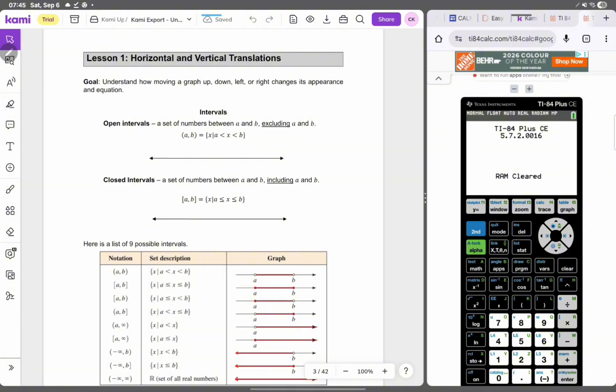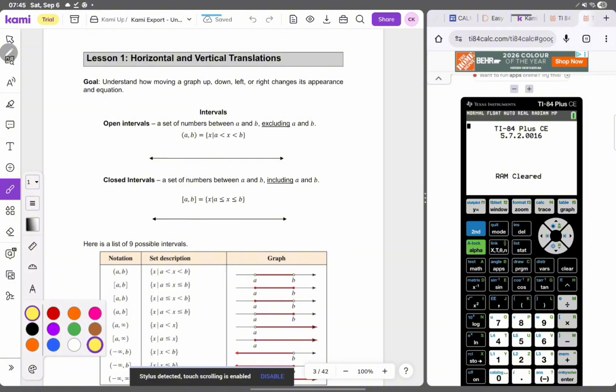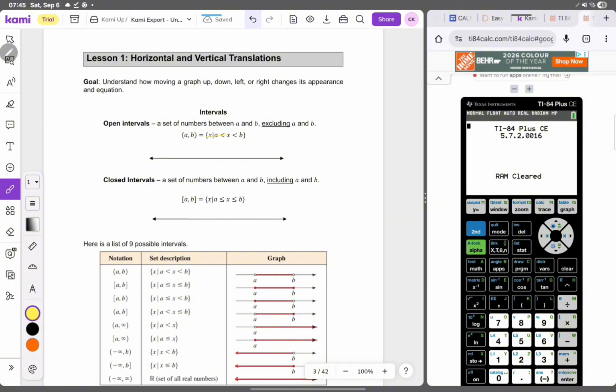So we know about intervals because we've been doing domain and range, but we've been focusing on doing domain and ranges that look like this: x such that x is between a and b. We can also write it in interval notation, which looks like this.